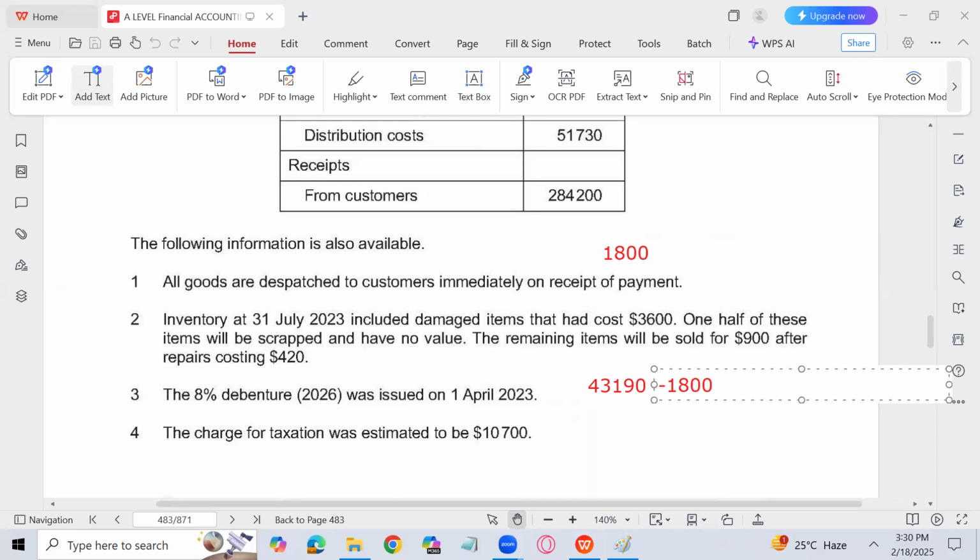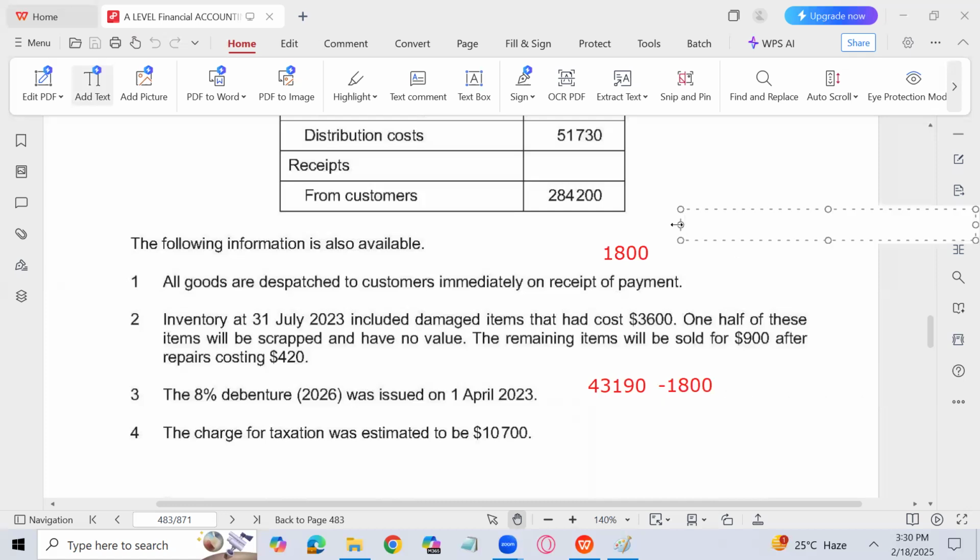I subtract 1,800 from 43,190 to understand that 1,800 in the inventory has gone into waste. The remaining 1,800, the cost of the inventory, can be sold for 900 after a repairing cost of 400.